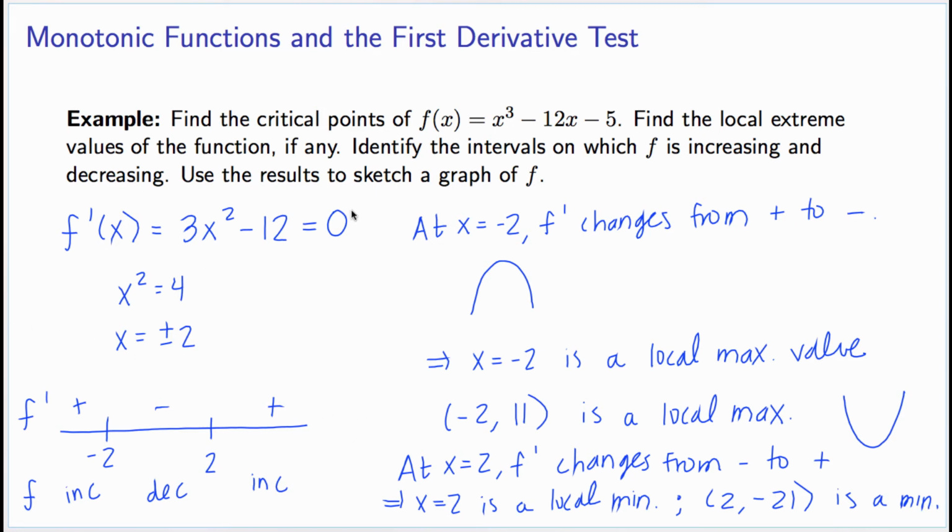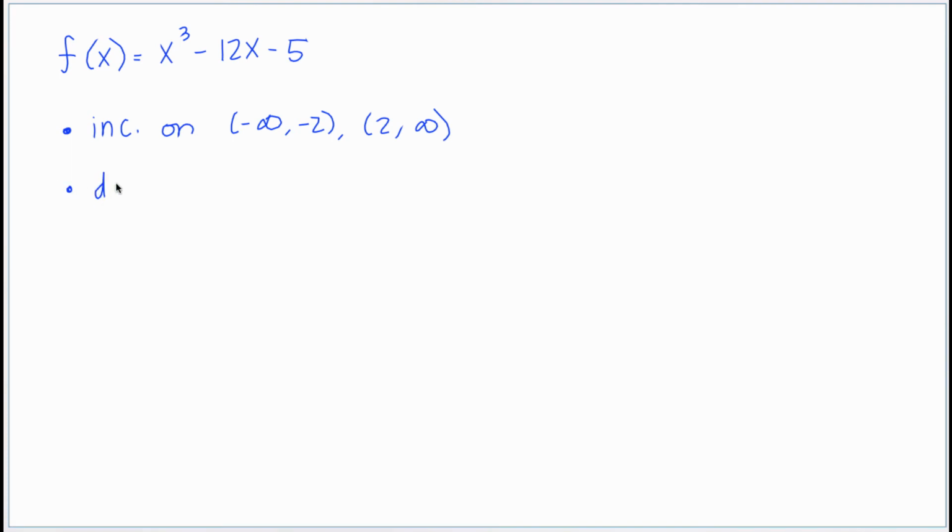So let's put all of this information together to sketch a graph of our function f of x. The first thing I'm going to do is write down our function again. It was f of x is equal to x cubed minus 12x minus 5. And we found the key information so far. We know that f is increasing on the intervals minus infinity to minus 2 and 2 to infinity. This function is decreasing on the interval minus 2 to 2.